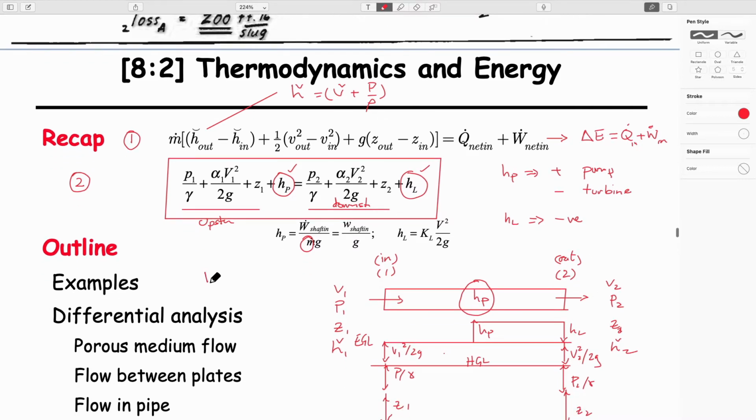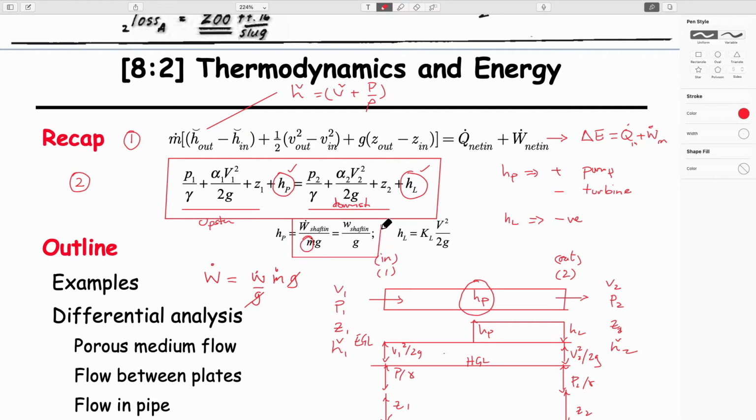So uppercase W would be equal to lowercase w over g, times mass flow rate times g, just by taking these two terms and rearranging.